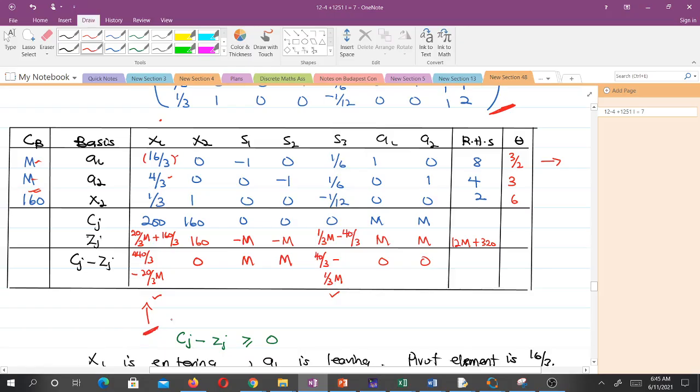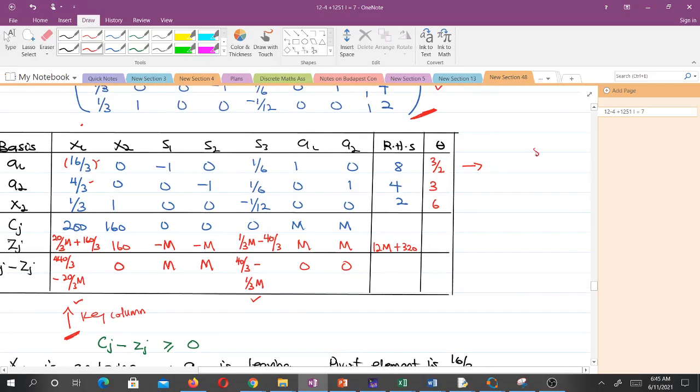So we have to look at the row which has to leave. Okay, so this one is the key column. So we have to look for the key row. To look for the key row, we have to use the minimum ratio test. So to compute the one here, it will be the right hand side divided by the values for x1. So the one here, for instance, will be 8 over 16 over 3, and that's giving us 3 over 2.